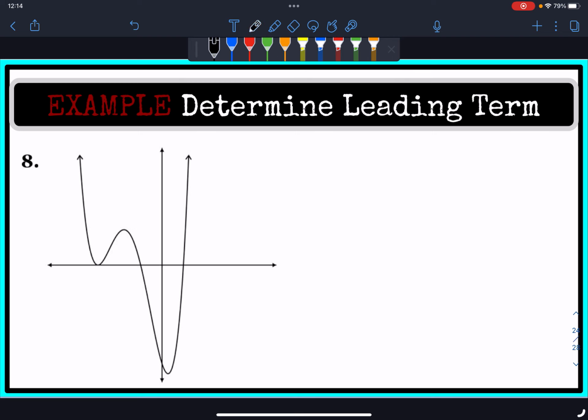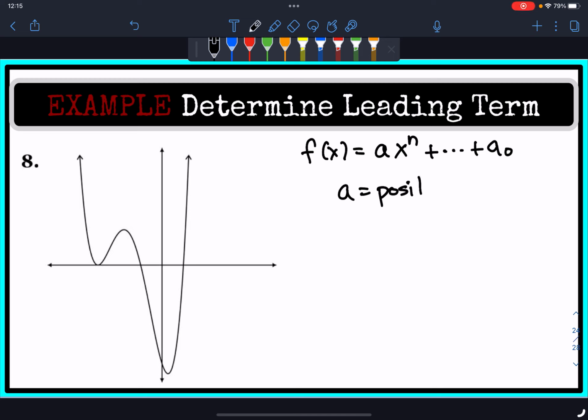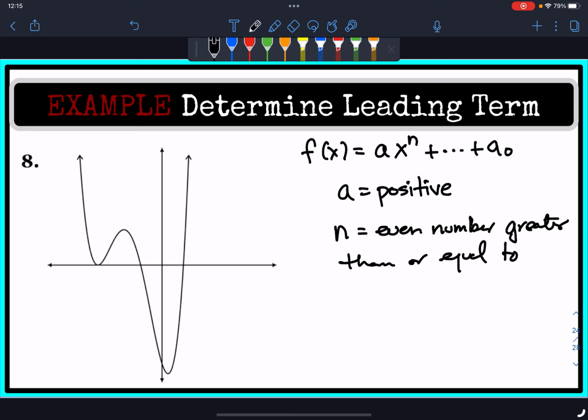So let's check your work here. So our polynomial function a times x to the power of n plus a bunch of other power terms. The leading term is going to have a positive number, and the degree is going to be an even value that is greater than or equal to 4.